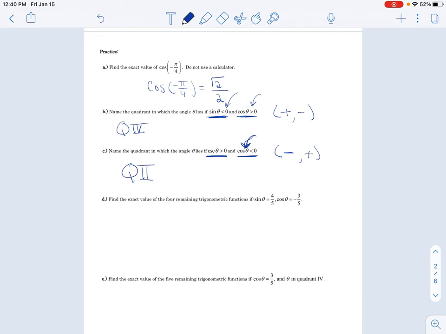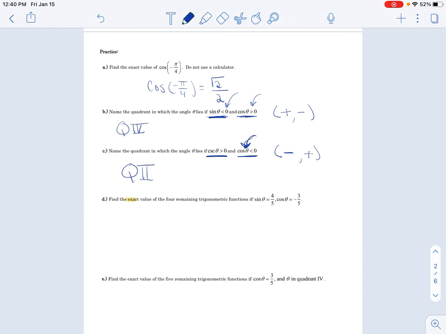All right, so for this one, it says, I want to find the exact value. So that's important, exact, so I don't want any rounding, okay? So if you have a radical, you're going to leave it in terms of a radical. Of the 4 remaining trig functions, if I'm given this, sine of theta is 4 over 5, and cosine of theta is negative 3 over 5.